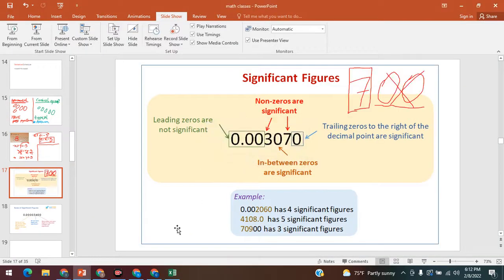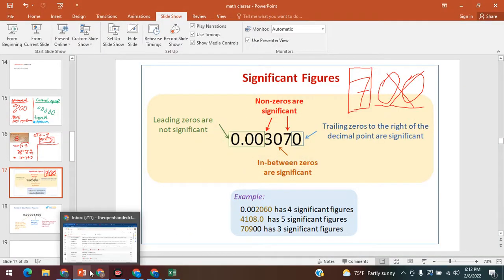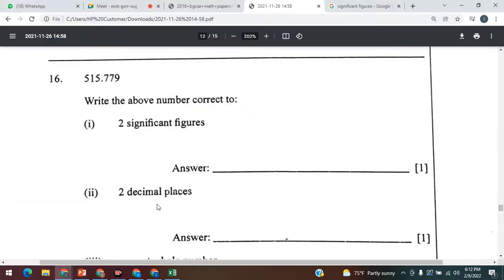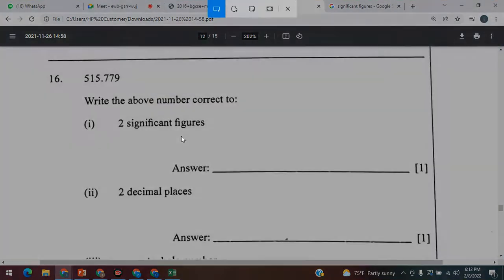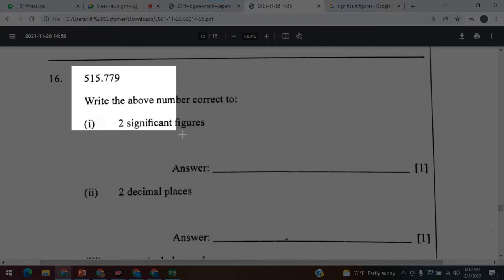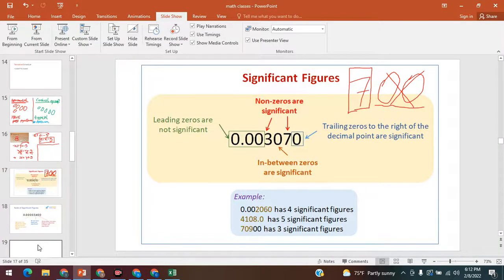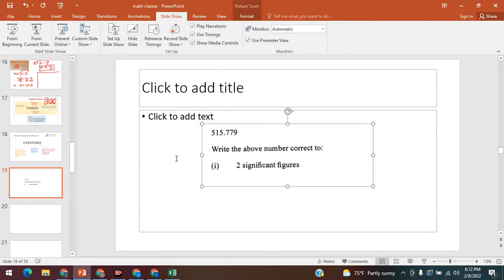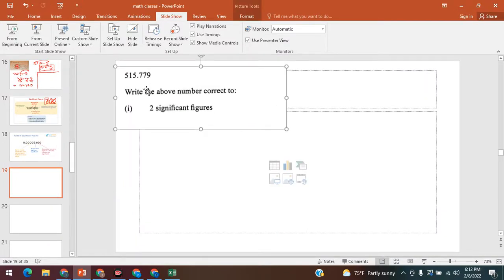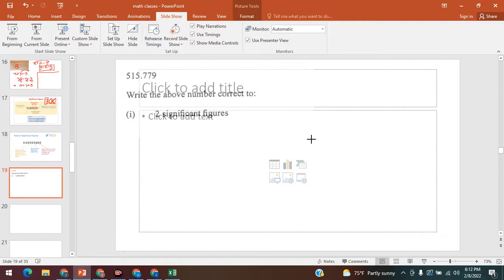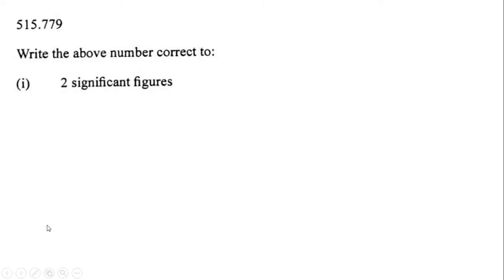Okay, so let's go back to our question. We are going to write it correct to 2 significant figures. Okay, so let's place this here. All right, so we're looking at the number 515.